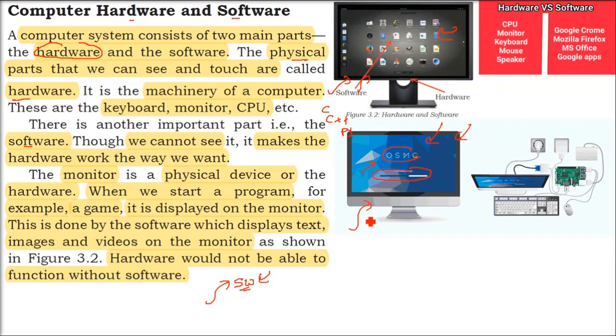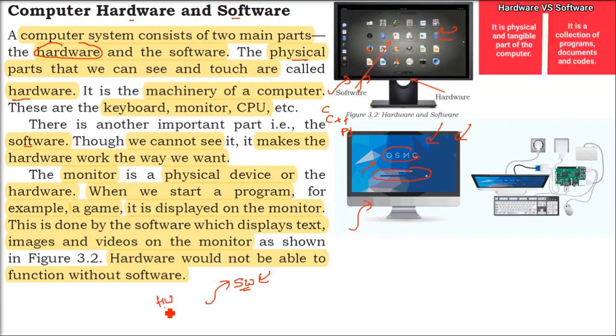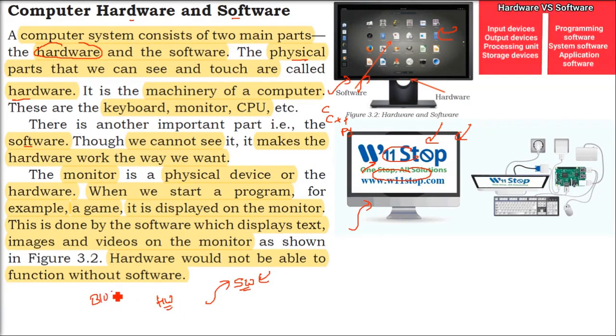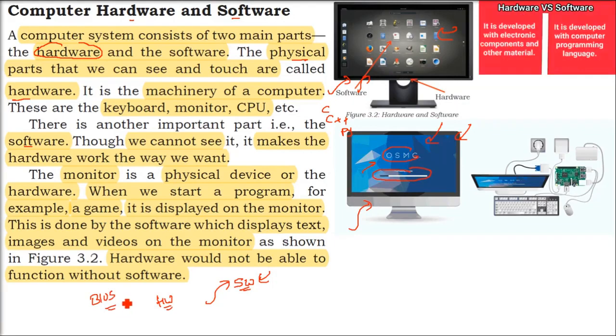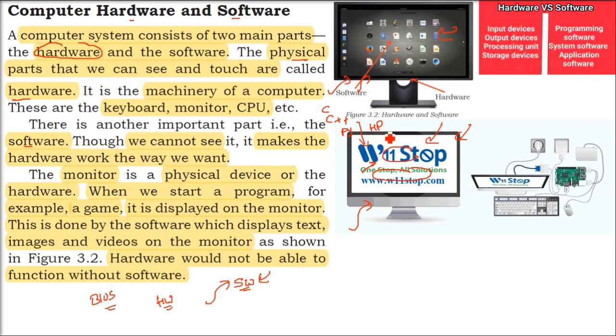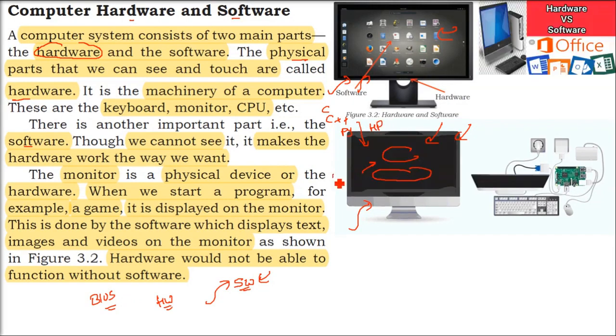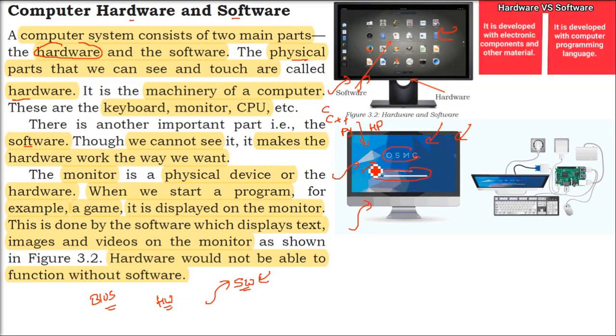There are certain programs, certain coding which is done in your hardware only, that are called hardwired programs. For example, BIOS, for example, POST. BIOS is basic input output system. When you push the on button of your computer or computing device, the BIOS will run. And if you see, your computer will show HP or Lenovo coming.